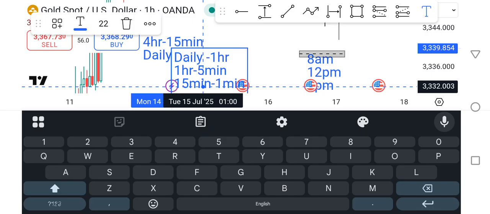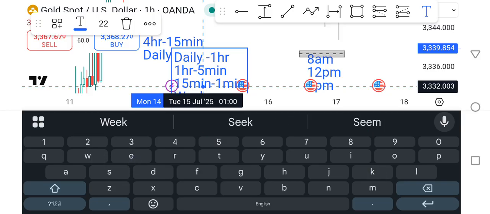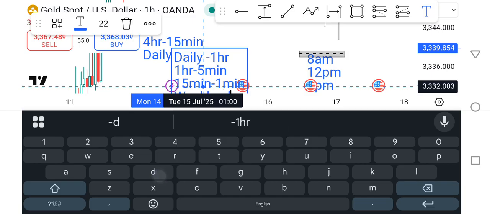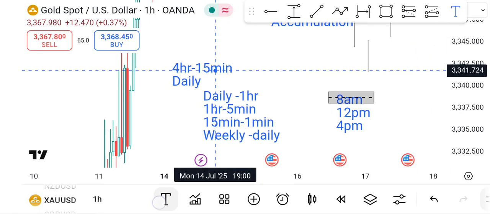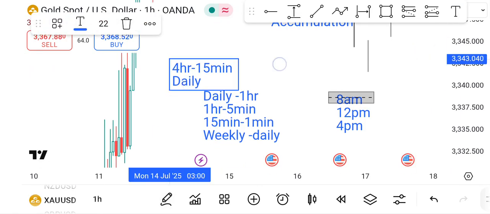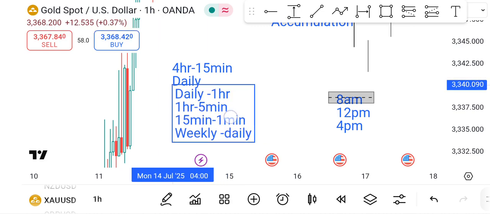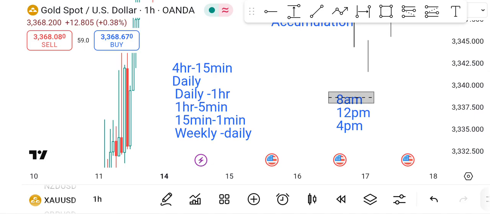And when you spot a CRT pattern on the weekly time frame, you are supposed to scale down to the daily time frame for entries, guys. So that is how you are supposed to trade according to time frames, guys.